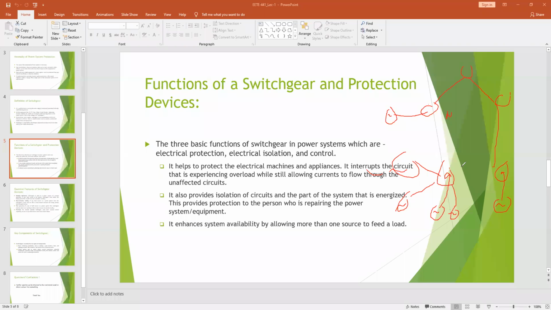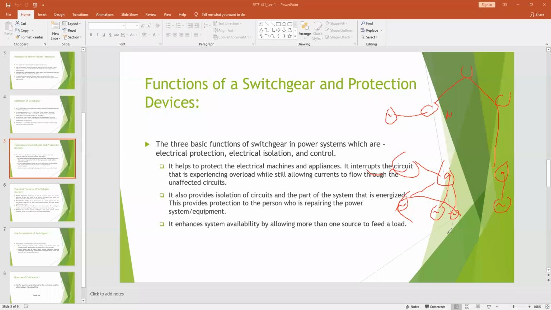So you have to make sure that whenever you are trying to put generators in parallel, these necessary conditions are being fulfilled. Only then can you connect. Now what happens, for example, if you have connected 4 generators in parallel?